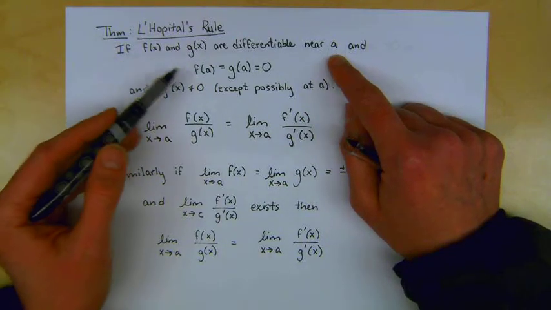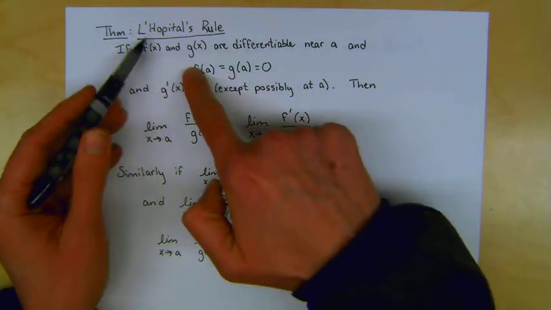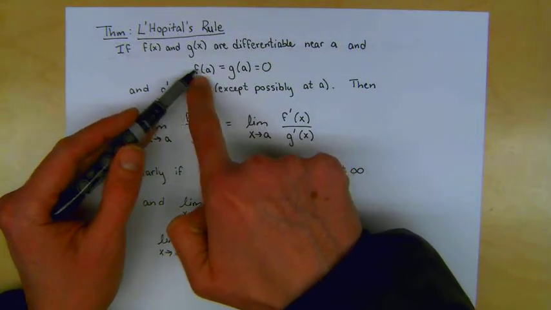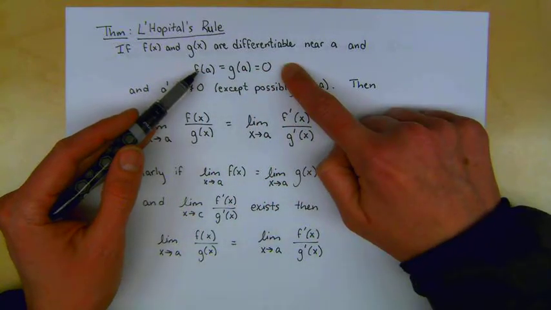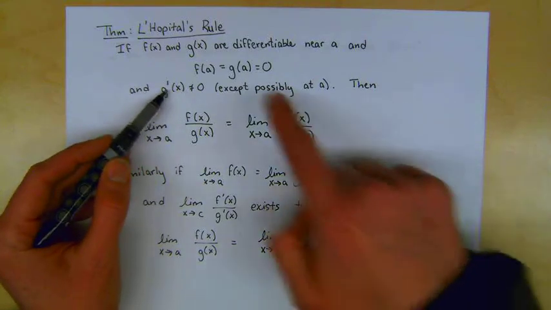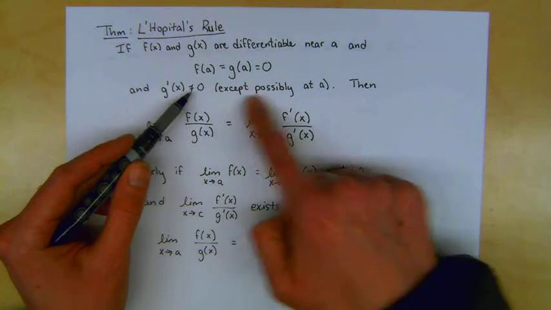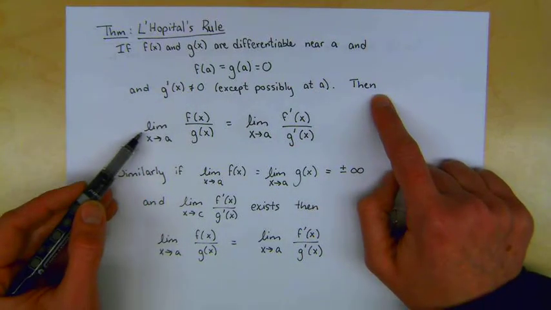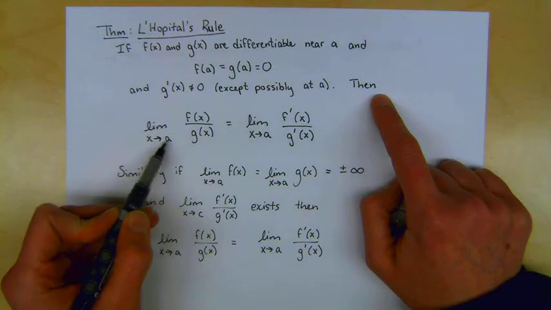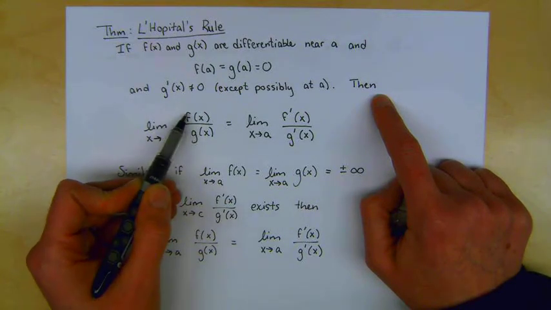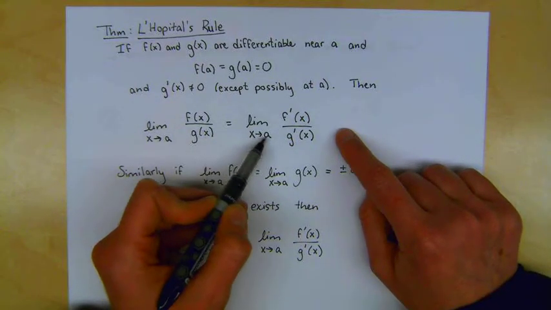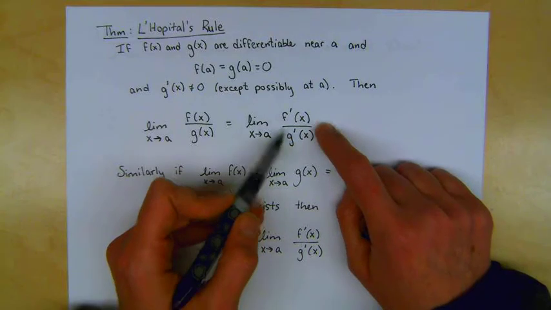And in the most clear statement, one case of L'Hopital's Rule is that if, when evaluated at that point a, both of those functions are exactly equal to 0, and the derivative of our denominator function is not equal to 0 except possibly at a, then we can apply L'Hopital's Rule: the limit as x approaches a of the ratio of these two functions, f of x divided by g of x, is equal to the limit as x approaches a of the ratio of the derivatives of those two functions.